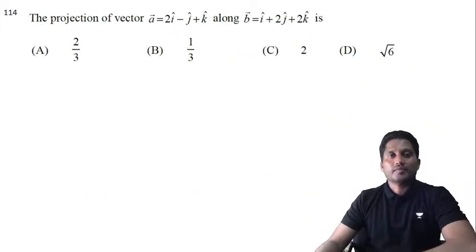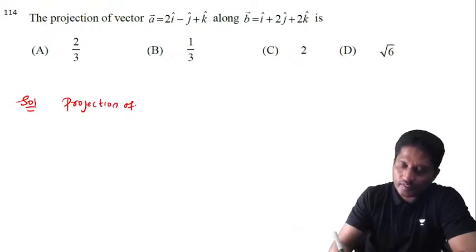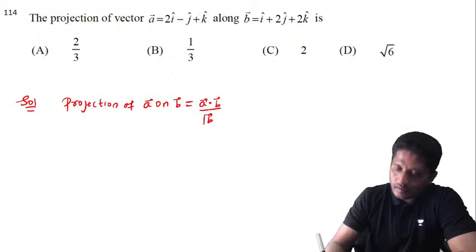The projection of vector A on B. So what's the projection formula? Projection of vector A on vector B will be equal to A dot B divided by mod B. A dot B is equal to 2 minus 2 plus 2.